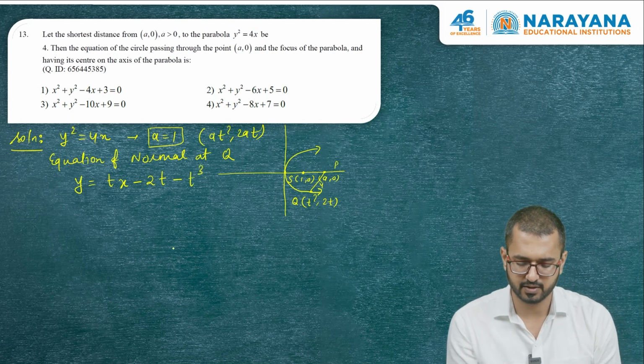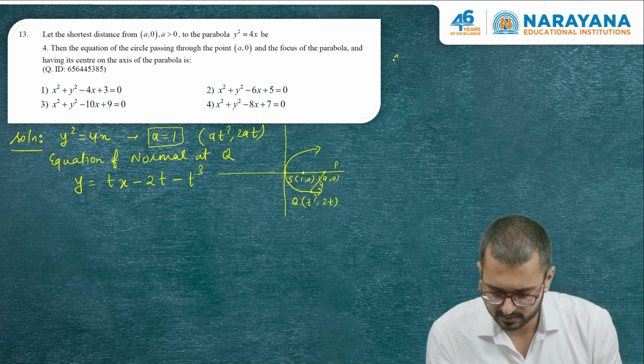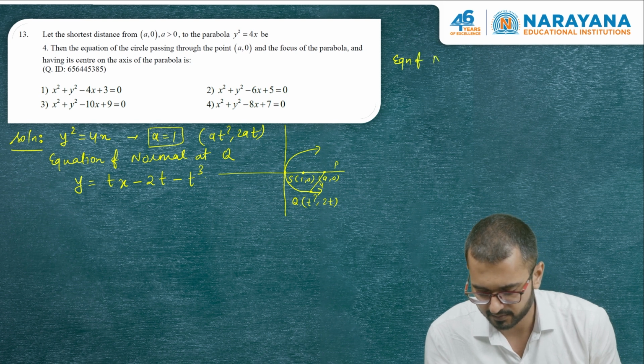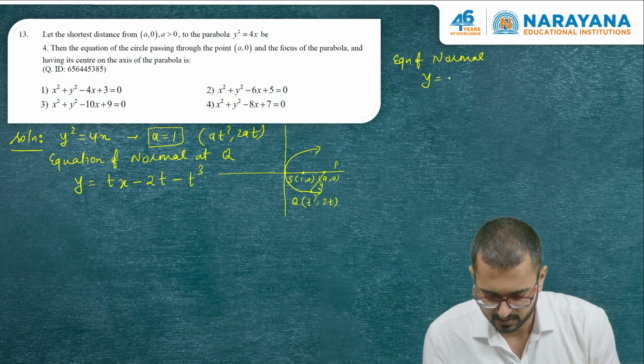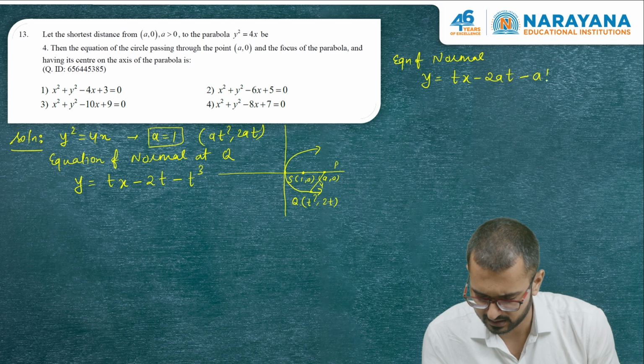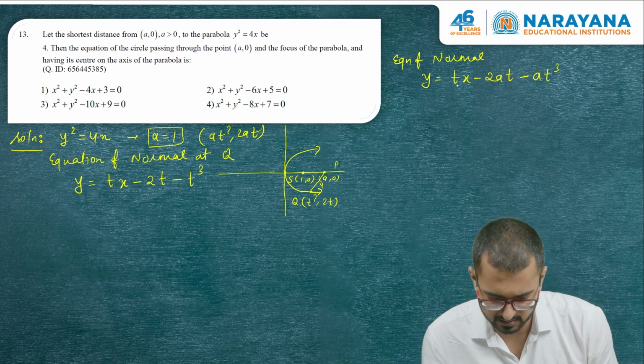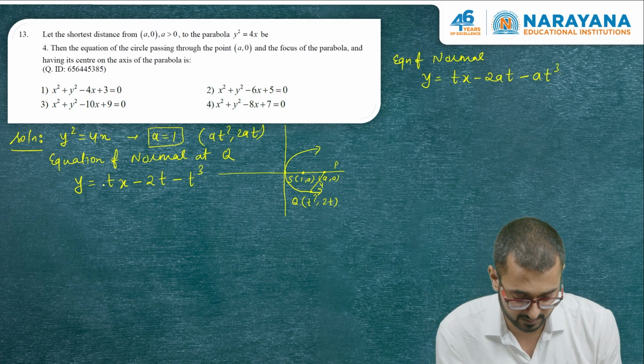This is going to be my normal. So equation of normal is y is equal to tx minus 2at minus at cube. But this is written in terms of t, so it should be replaced, because t is equal to minus m.